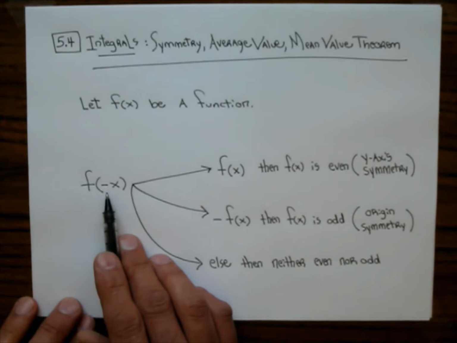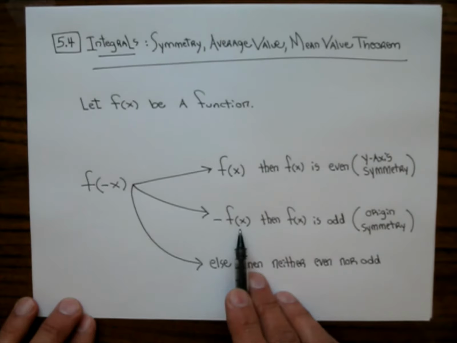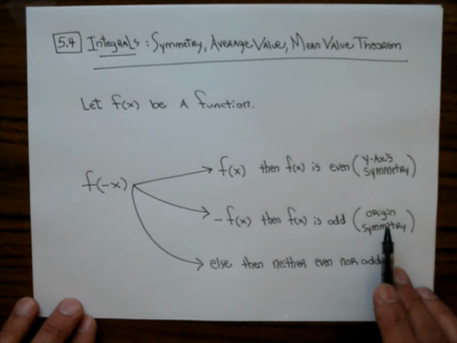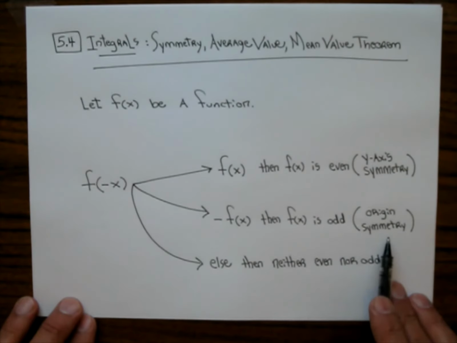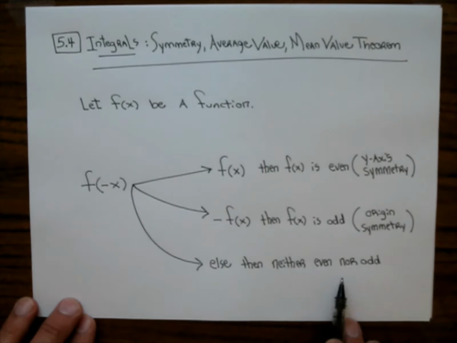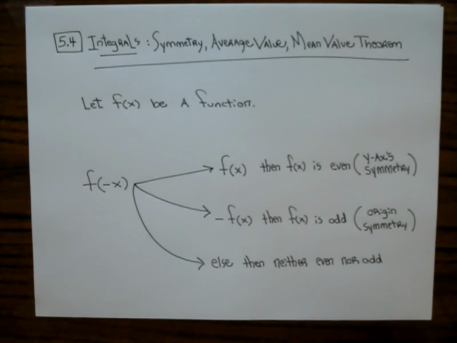If when you plug negative x into the function you get negative your function, then your function is called odd, in which case it has origin symmetry. If you get anything else, then your function is neither even nor odd. So that is from pre-calculus.